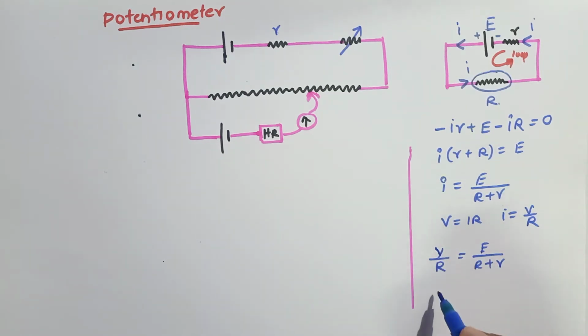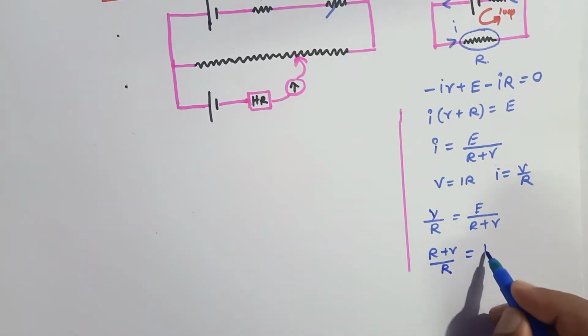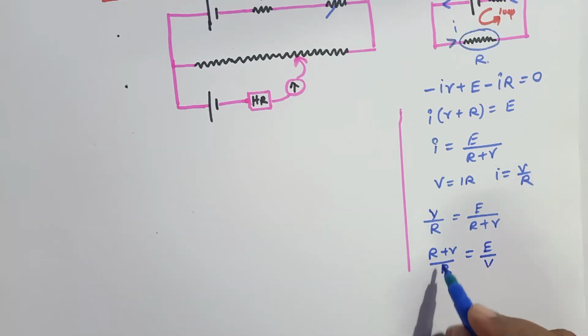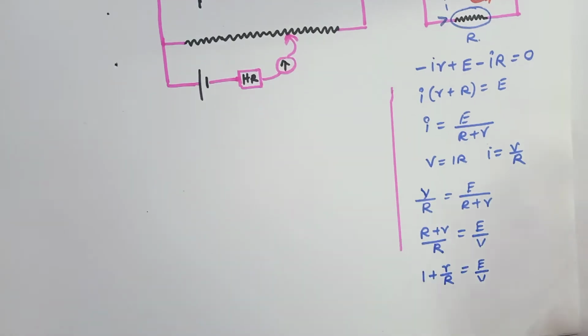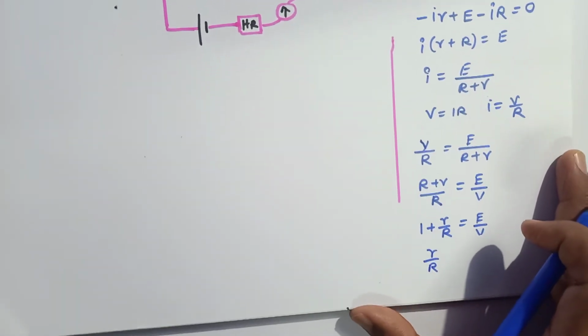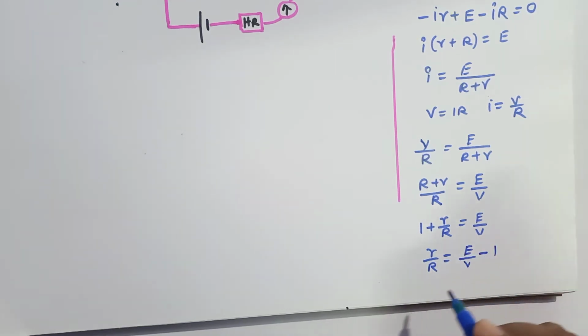You just write capital R plus small r by capital R is equal to E by V. So if you divide partially, you will get 1 plus small r by capital R is equal to E by V. So now you take this one to the right side, then small r by capital R is equal to E by V minus 1 you'll be getting.